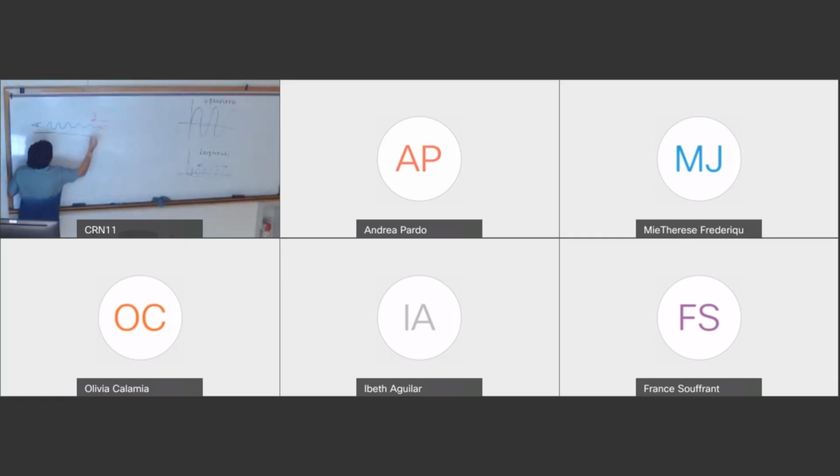So the amplitude of the wave didn't change. The wavelength decreases towards here, right? The wavelength, so lambda, that's a symbol lambda for wavelength, decreases.